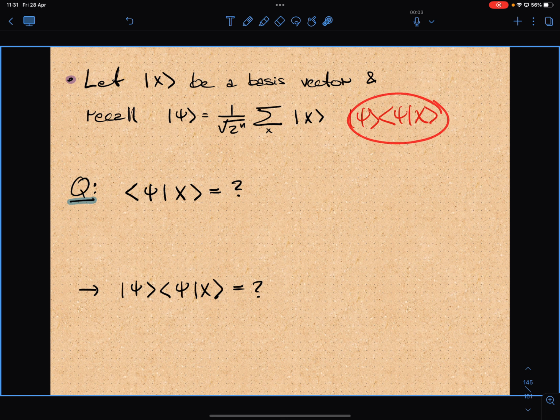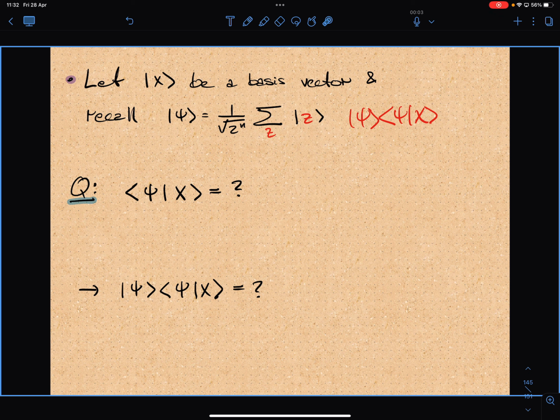This is what I want to compute, the right-hand side first. To compute this, I just need to figure out what this dot product is for any x. Maybe it's better that I don't use the same notation, so let's use different dummy variables.